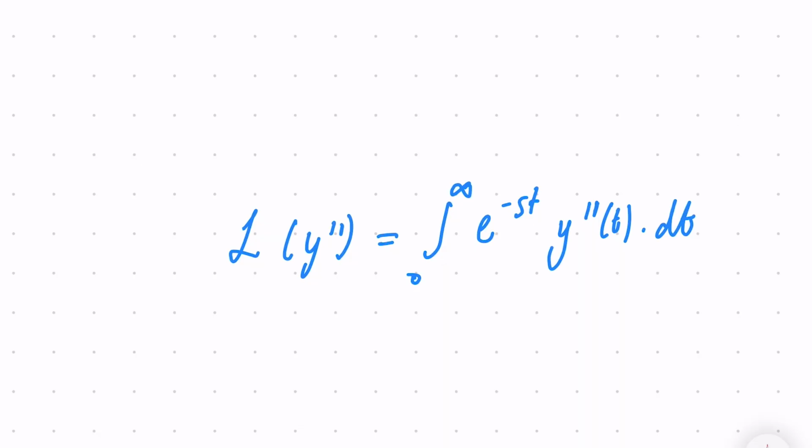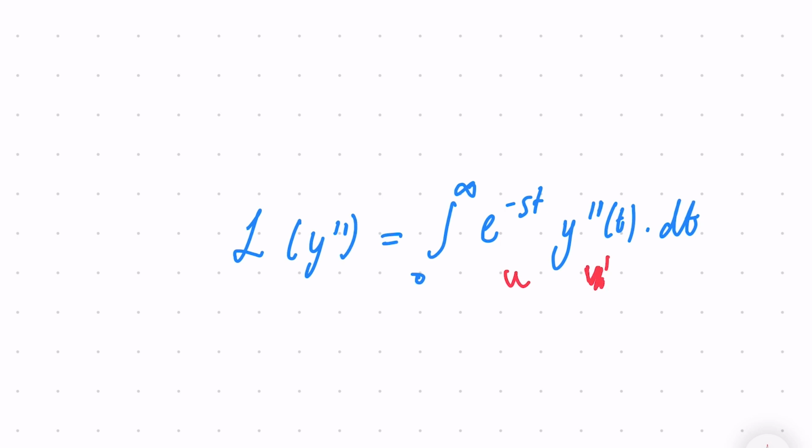Let's look at d2y dt squared, or y double dashed. Again, I'm just going to use the definition of the Laplace transform, which is the integral from 0 to infinity of e to the minus st times y double dashed of t. I'm going to do it by parts, as you'd expect.